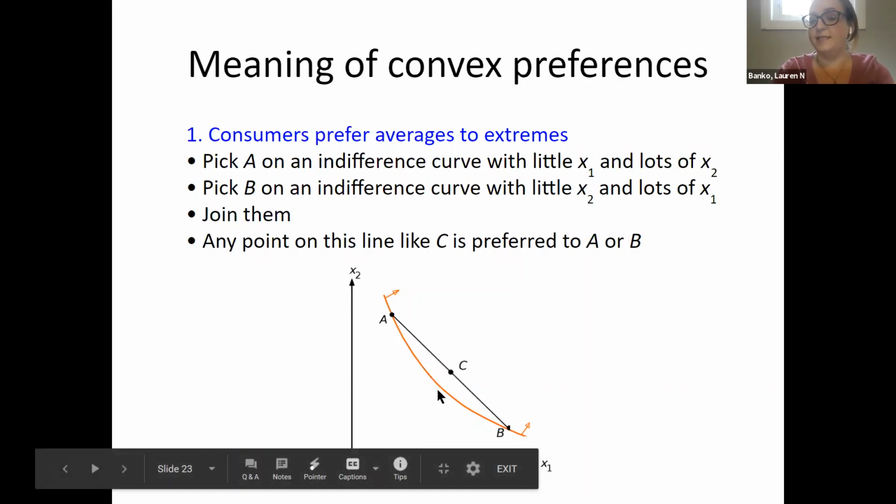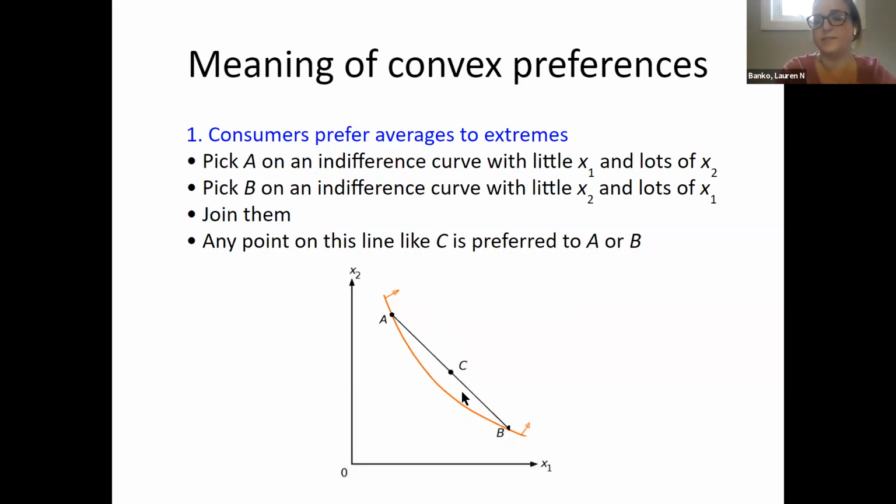So this point C is above this indifference curve in orange. So it is on a higher indifference curve and will give them more utility. They would prefer C to both A and B. That's what this idea of convex preferences means. Again, not too important. Just showing you what it looks like.